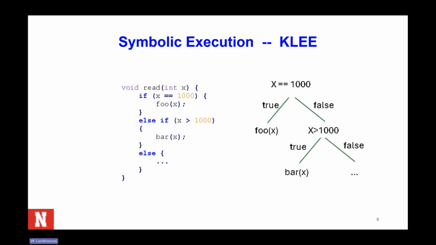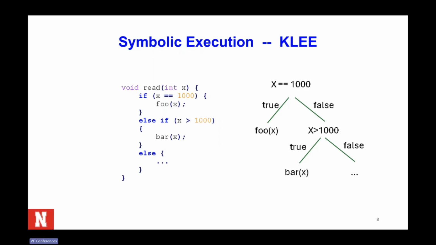What is KLEE? KLEE is based on symbolic execution and used for testing C and C++ programs. The benefit of KLEE is that it can detect errors, vulnerabilities, and boundary conditions in the program.